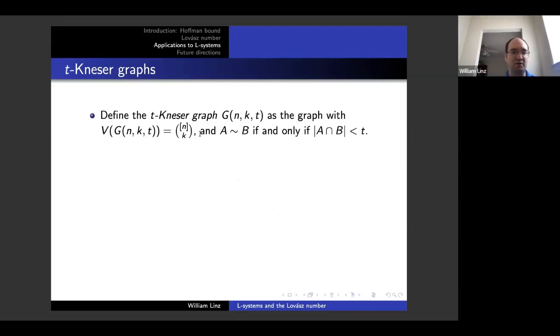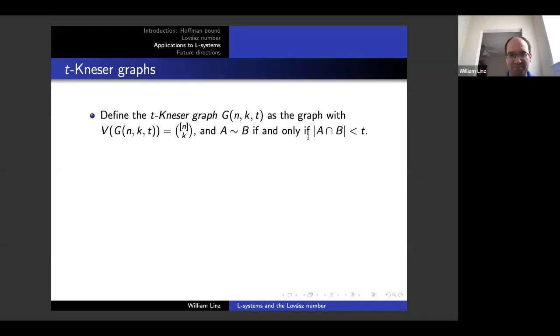Okay, so if you wanted to mimic the proof by Kneser graphs, one thing you could do is define the T-Kneser graph, which I'll call G(n,k,t), as a graph whose vertices again correspond to k-element subsets of a set of size n, and you put edges between two vertices if their corresponding sets have an intersection size at most T. The point of this definition is that T-intersecting families correspond to independent sets in this T-Kneser graph.